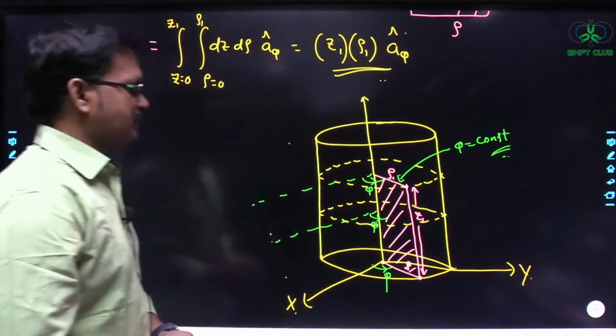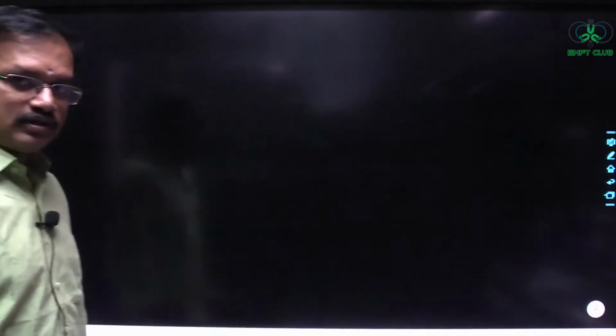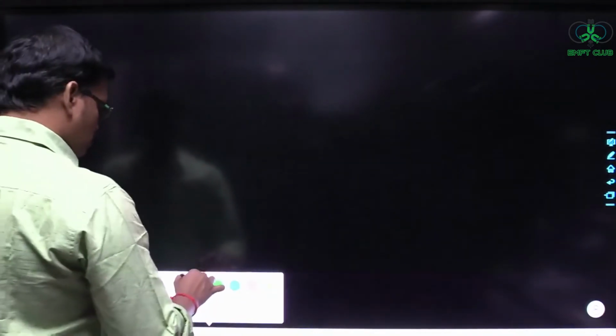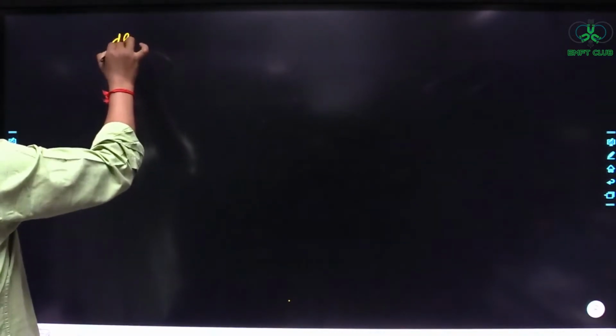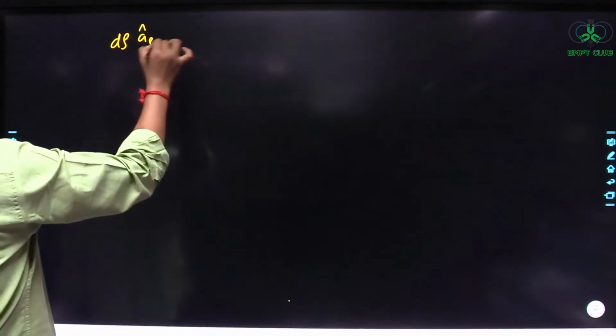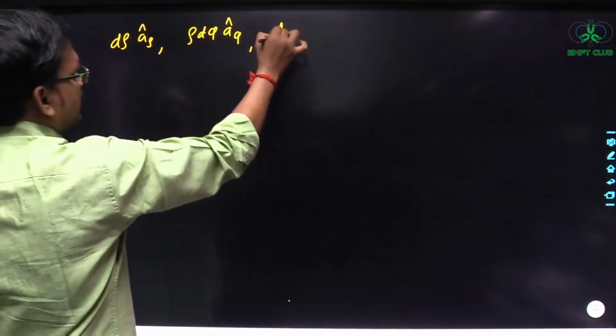Next concept is we have to determine the differential volume.